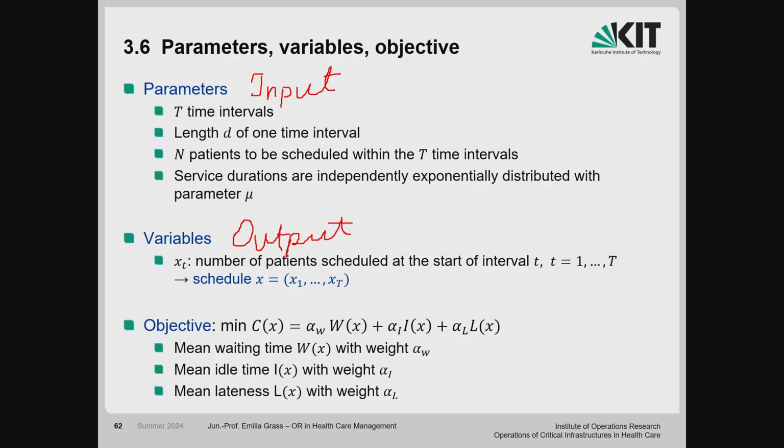So the decision maker can decide which time type is more relevant for them. And alpha should also be here, because the weights are input parameters.